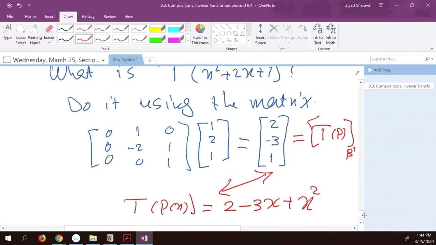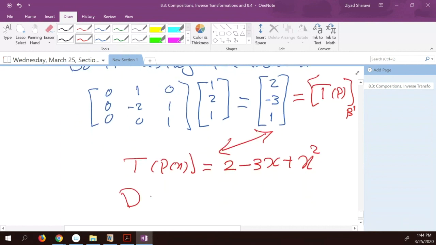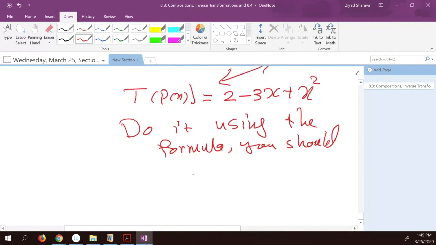Yes, okay. Now, if you do it using the formula, you should get the same answer.